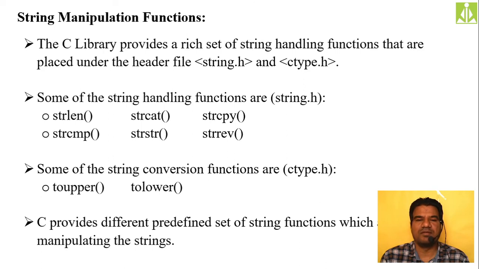But when it comes to a string, it is a collection. Being an array, it is a collection, so it comes under derived data types. So we cannot apply those operators that we operate on primitive types to strings.